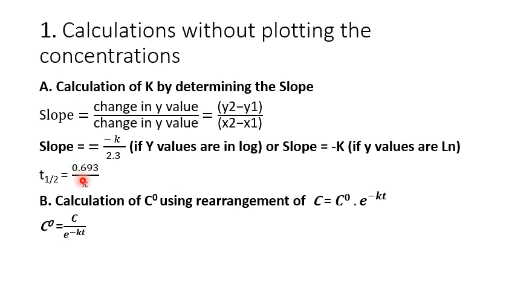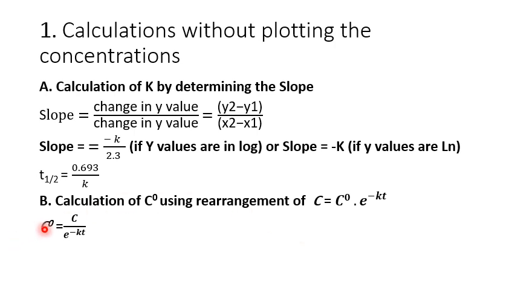For the calculation of plasma concentration at time 0, we can rearrange the equation for the straight line. So the equation of the open model, IV bolus, is plasma concentration at any time equals plasma concentration at time 0 multiplied by e to the power minus elimination rate constant multiplied by time.